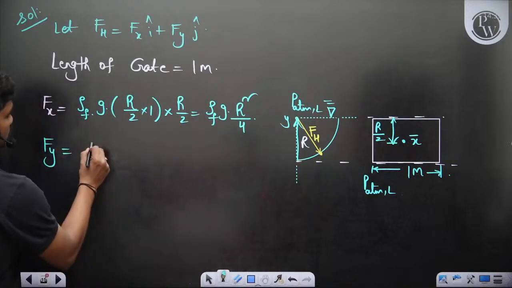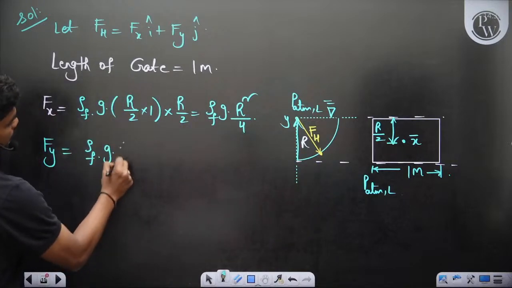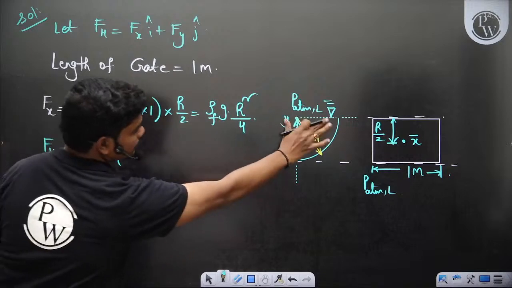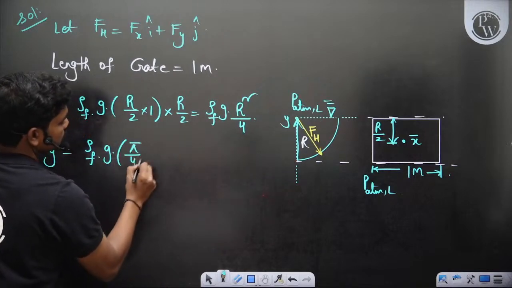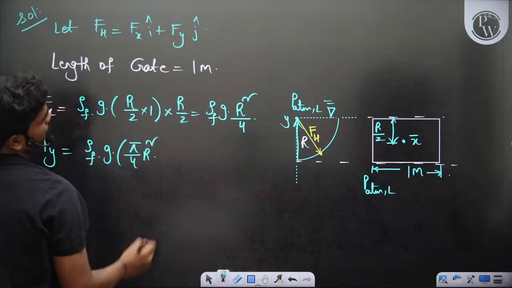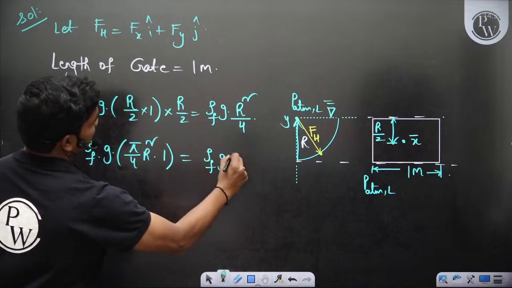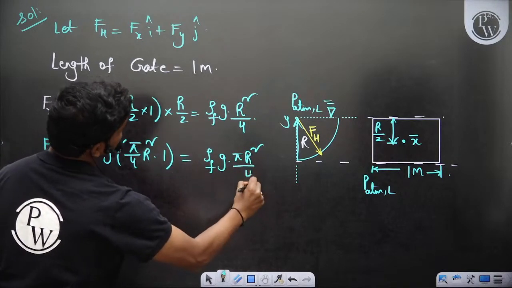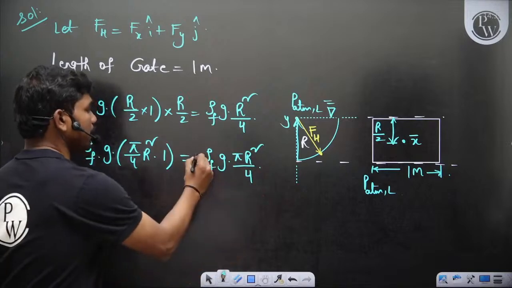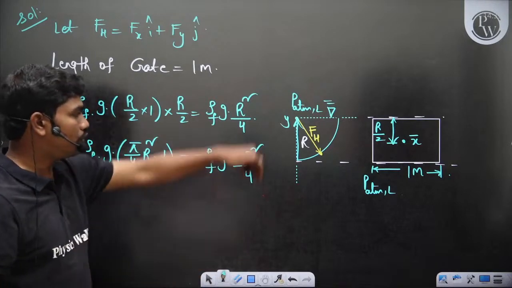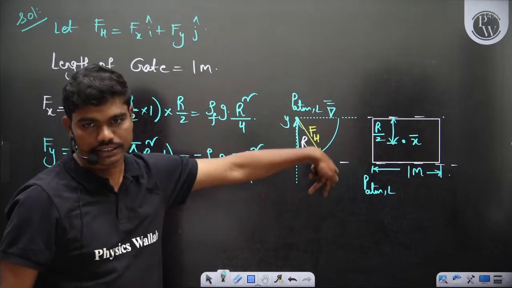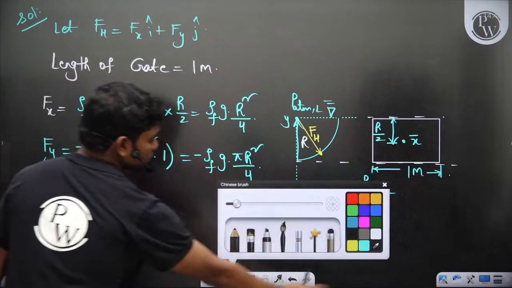So the weight of the fluid is how much? Density into gravity into the volume. So the area of the quarter circle, pi by 4 r square, into length 1 meter. So this would be rho f g pi r square by 4, but with a minus sign. Why a minus sign? Because the force Fy component is in the downward direction.